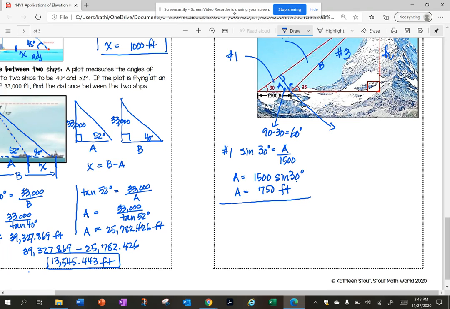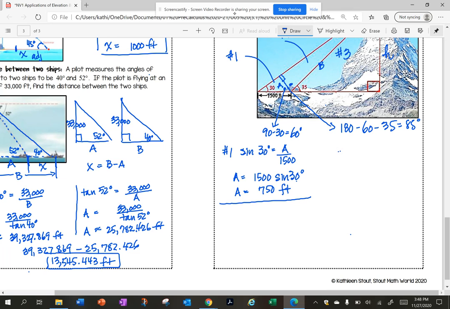So if I add up all three angles, I know all three total 180. So to find that angle, I'm going to take 180 minus 60 minus 35. So I get that angle is 85 degrees.